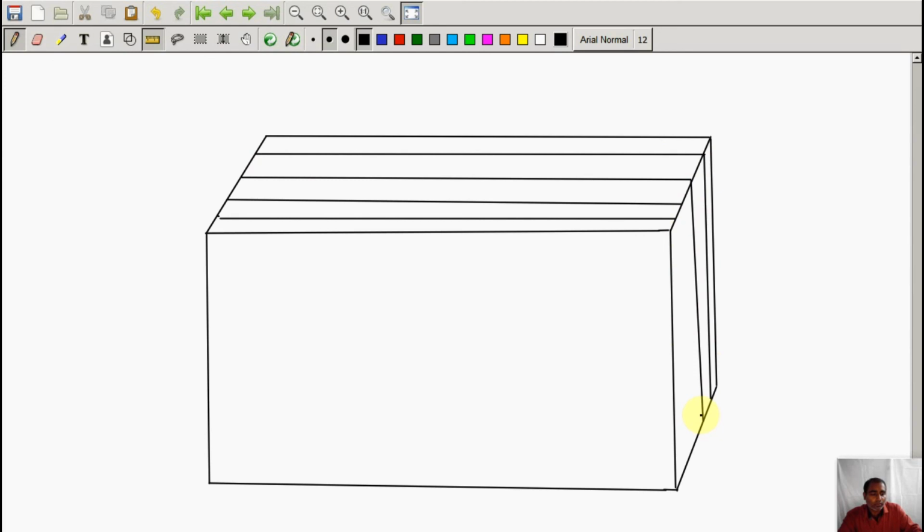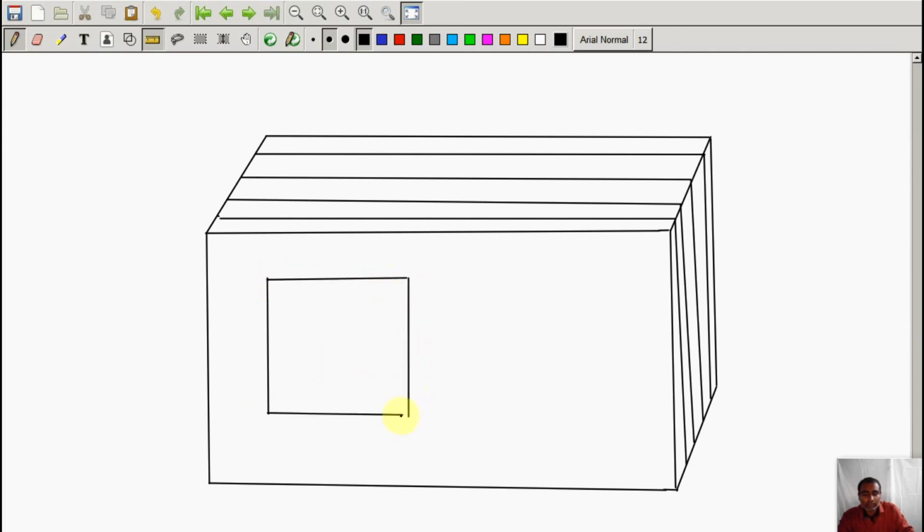And this is a 3-leg transformer. You can have cases where you have 5-leg transformers also. So the 3 limbs of the transformer will be like this.